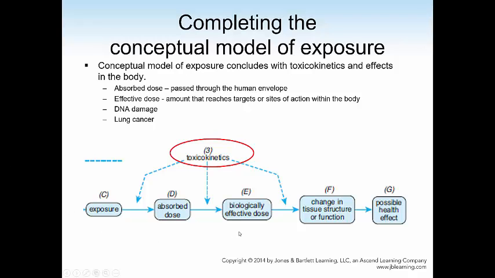And then you have the biologically effective dose, and that is just the amount that reaches certain targets or sites throughout the body, and that's where the action occurs. And then from there, you can have changes in tissue structure or function, such as maybe DNA damage in your cells. And then finally, you have the possible health effect.